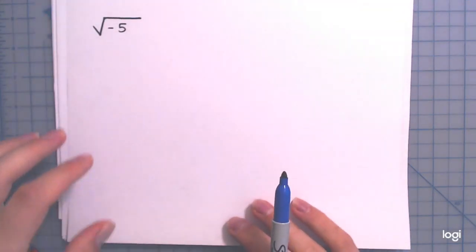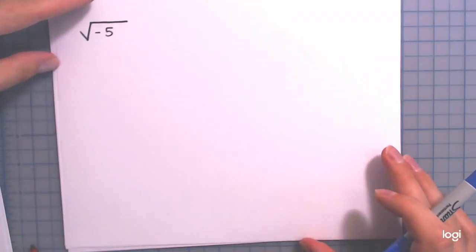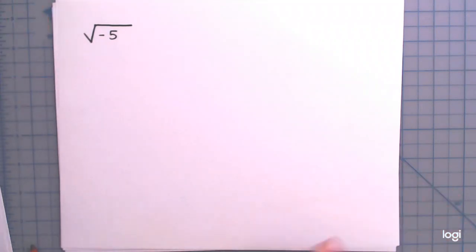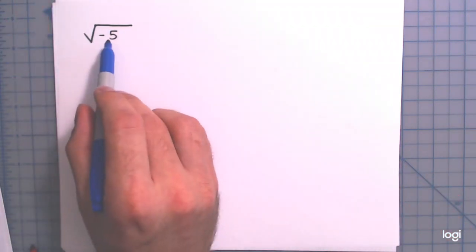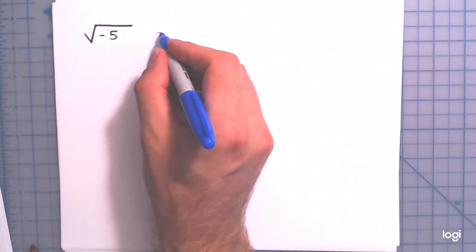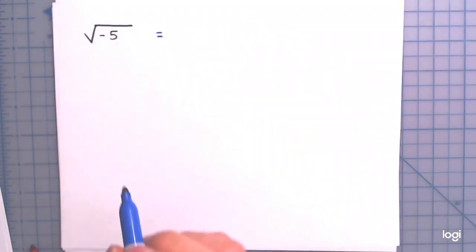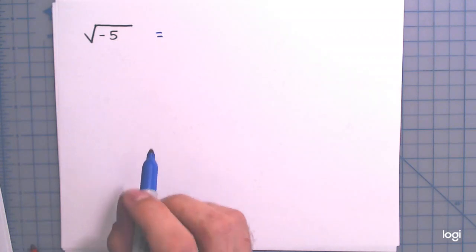All right, so my next example where I'm doing the same thing, doing it for a couple examples here. We have the square root of negative 5, and I'm again asked to rewrite this as a pure imaginary. Square root of a negative, and I'm asked, what's the principal square root of negative 5?